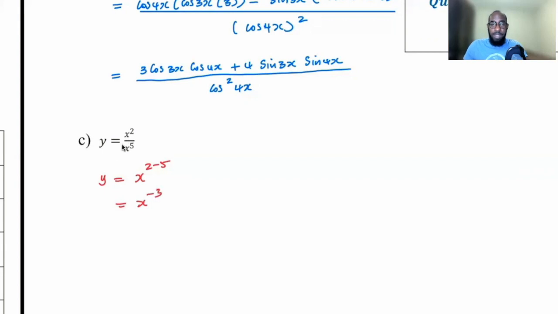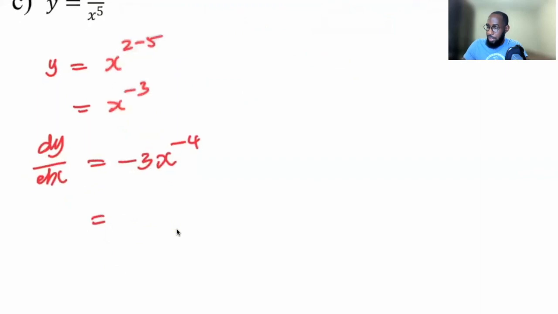And then if I differentiate this with respect to x, dy dx is equal to negative 3, because negative 3 times 1 is negative 3, x to the minus 1 from negative 3, and you have negative 4. So dy dx is negative 3x to the negative 4. You can leave that as the answer right here. If you want, just to elaborate, I can write this as well.